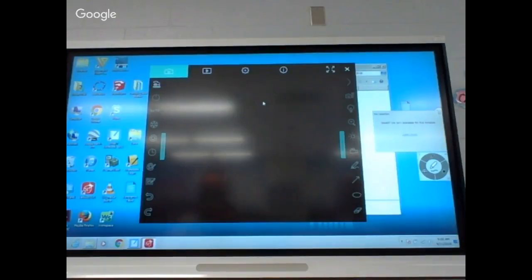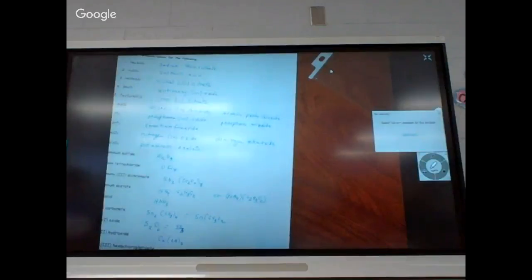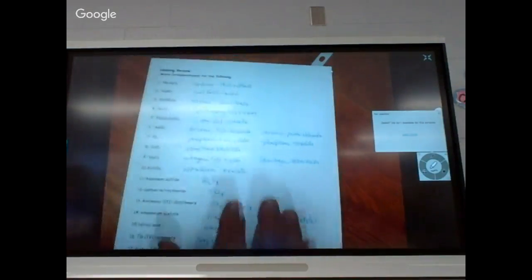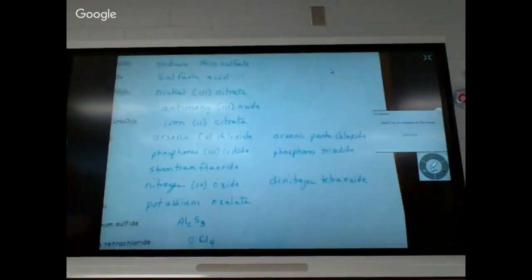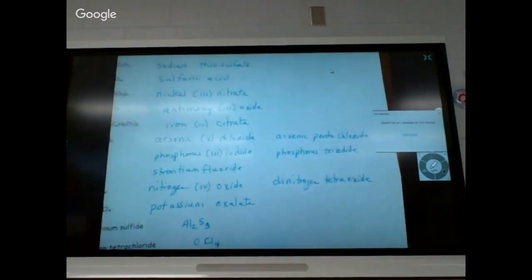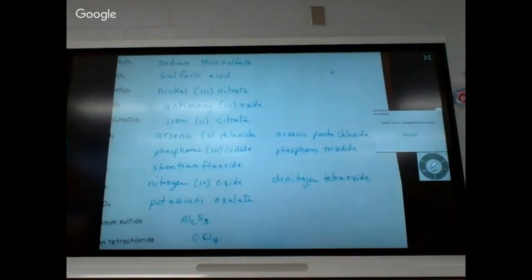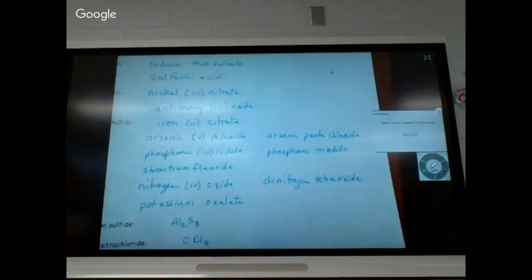Got to do it for the one that we're going to use for test review. This one. All right, let me make this bigger. That big enough? Now, there are the answers, to the top half anyways.